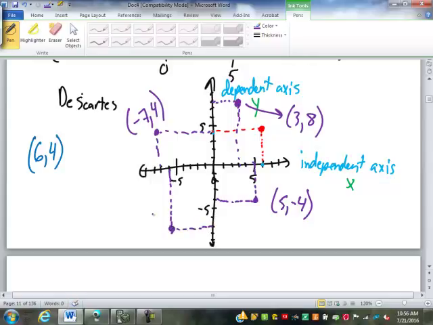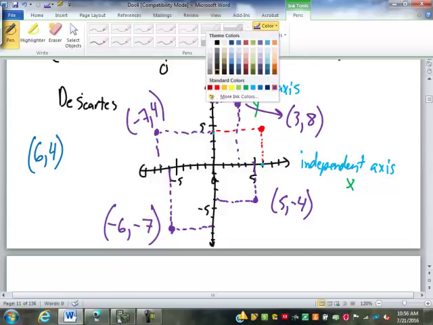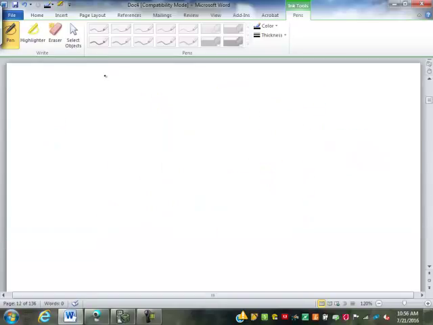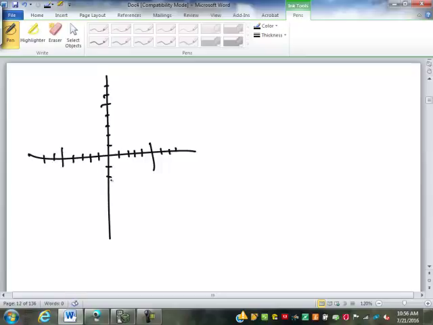So what's this point? -6, -7, good. Which one of those points, A or B, matches up with the ordered pair 3, 4?